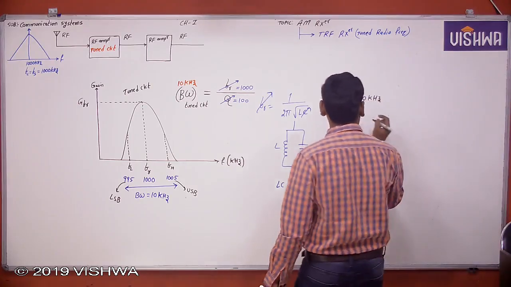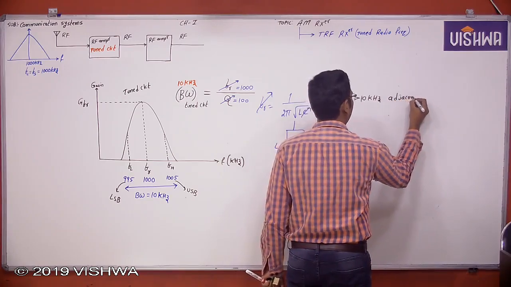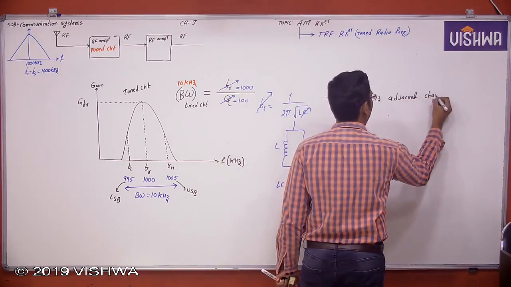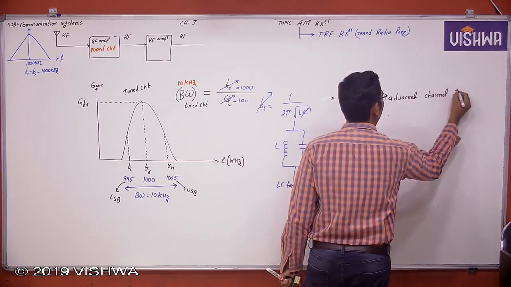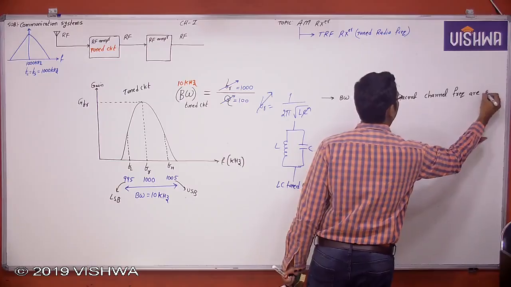If bandwidth is greater than 10 kilohertz, adjacent channel frequencies are selected.